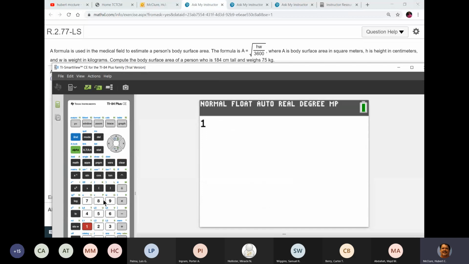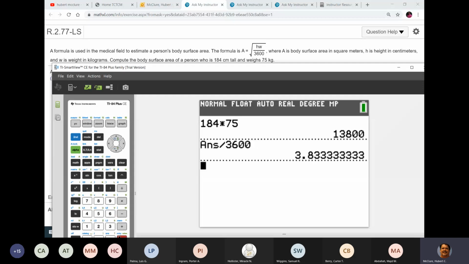So that's going to be 184 times the weight, 75, divided by 3,600. I believe we might have to do some unit conversions on this one, but I'm going to go ahead and see. And you're going to take the square root of that, so that means raise it to the 0.5 power. 1.957.